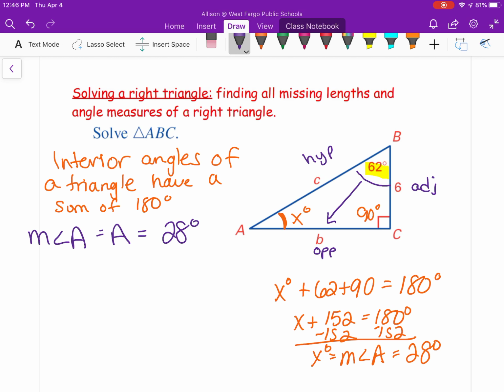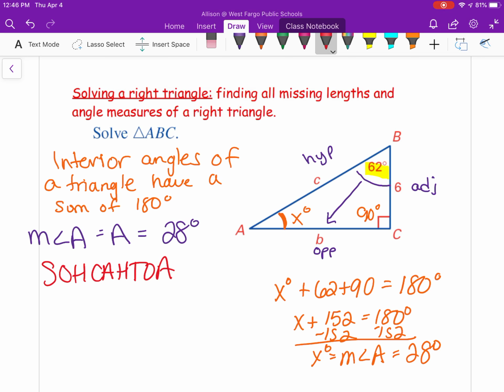So now I need to decide, I'm going to use Sohcahtoa, and I need to figure out how I can find C the hypotenuse and B the opposite side.